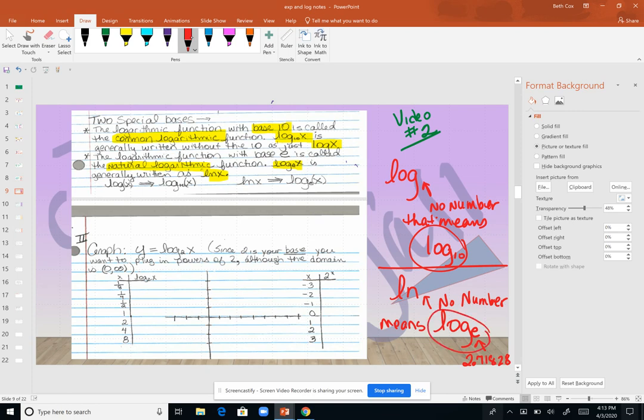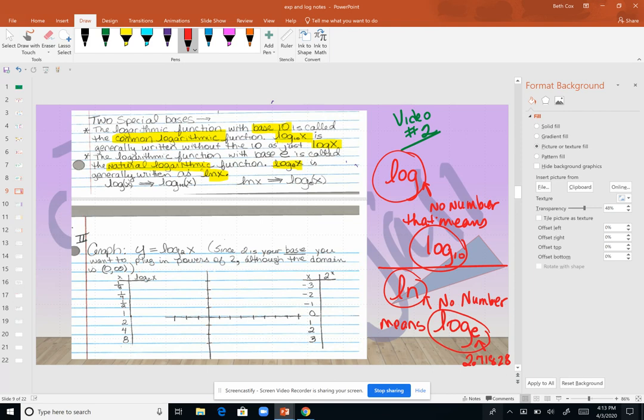And these are the only 2 that you will see on your calculators, or for most of your calculators. Depends on how the calculators work. But these are the most common ones that we use, the common log and the natural log. And so they don't have a base number on them.